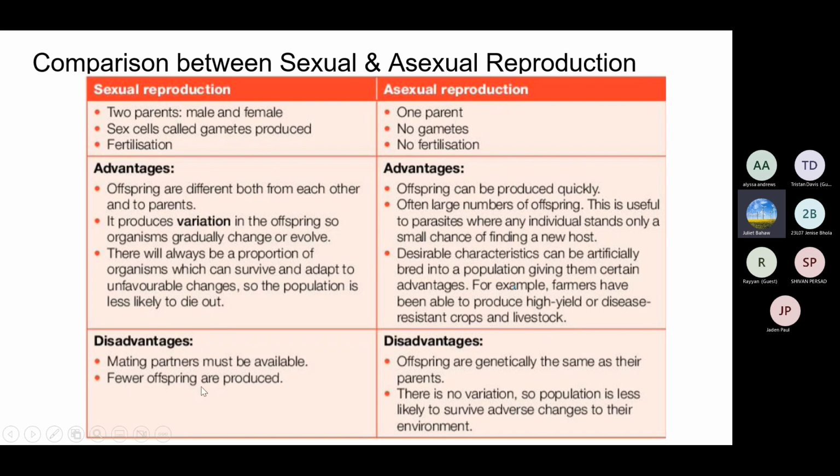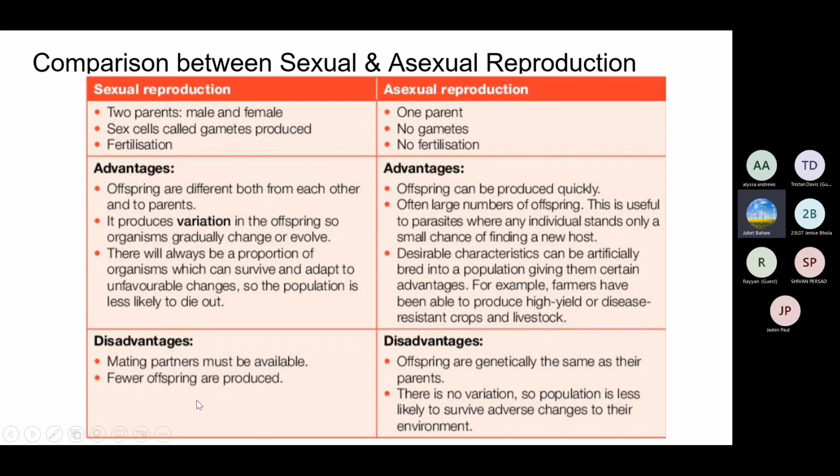Also, there are fewer offspring that are produced. Reason being because it takes a while to find a mate. It takes a while for reproduction to take place. As a result, you have less offspring being produced at a given time. Like for instance, humans, pregnancy takes 9 months, right?